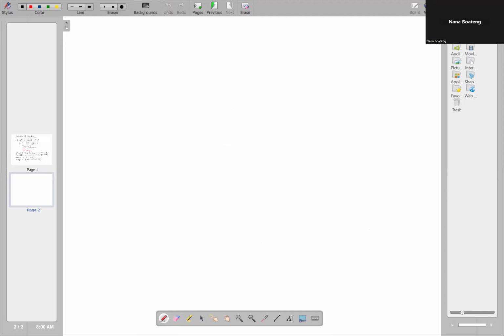Okay, so now let's move on to define a function. A function is a correspondence from the first set, called the domain, to the second set, called the range, such that each element in the domain corresponds to exactly one element in the range.